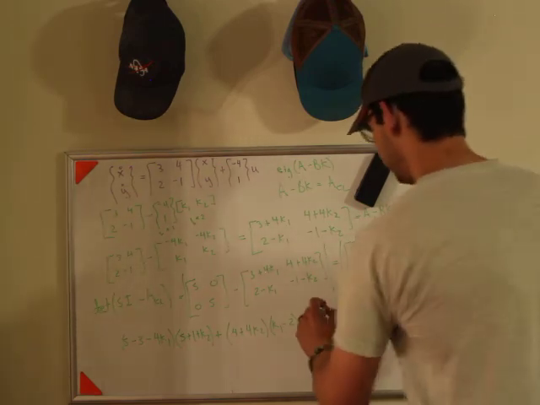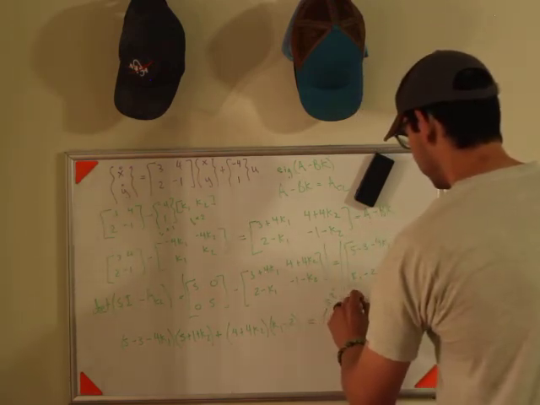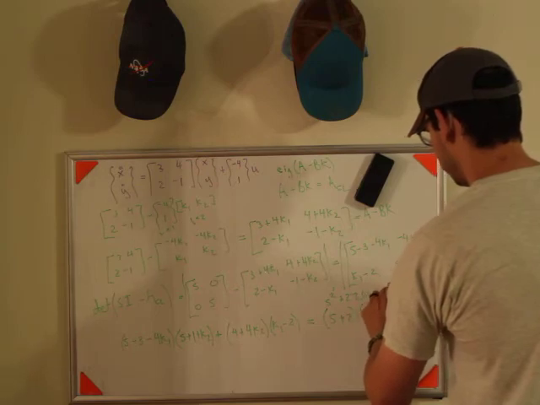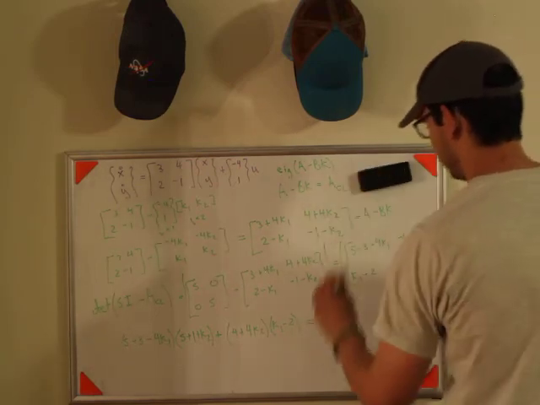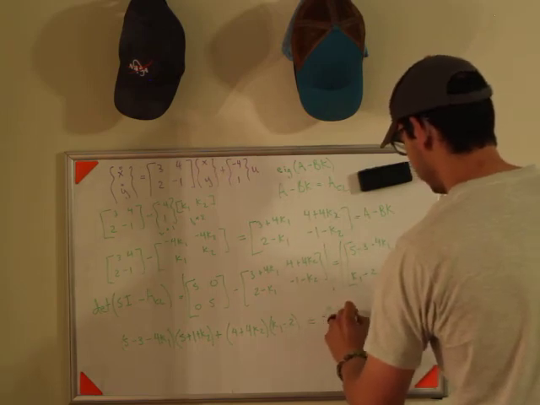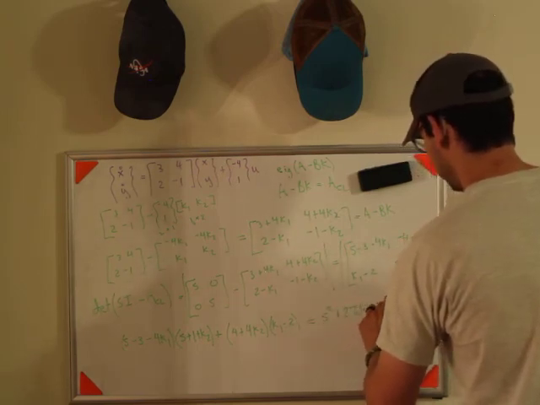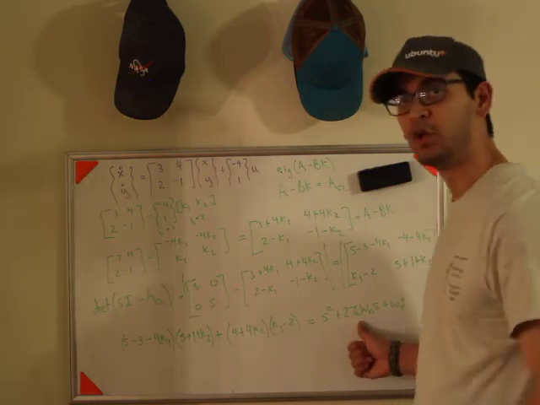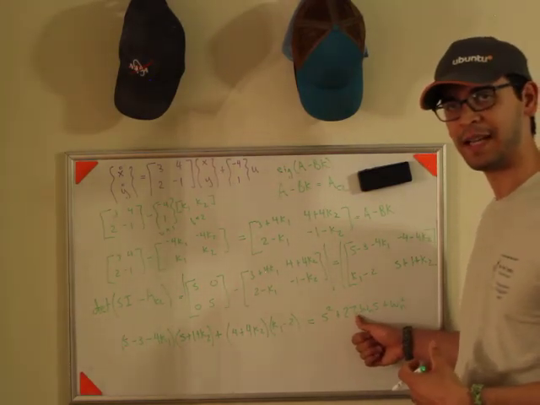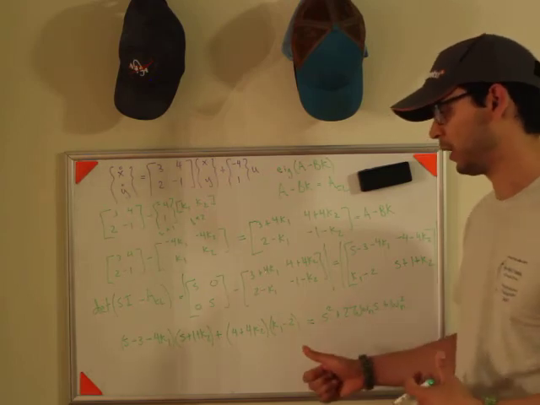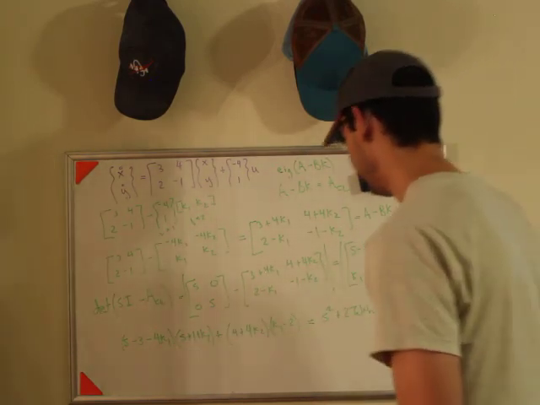Keep in mind, what you really want to do is this: you, the control system designer, need to pick zeta and omega n to be what you want. And then you need to factor all this out.